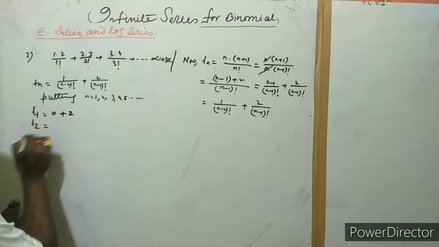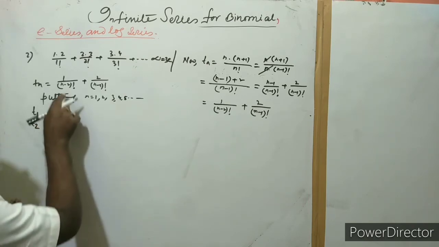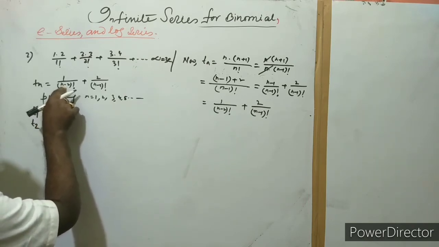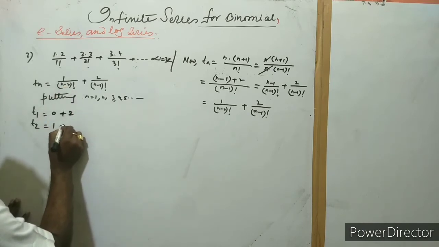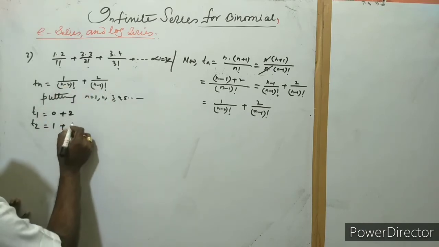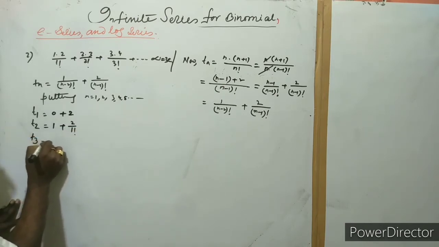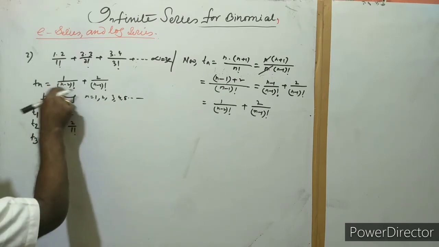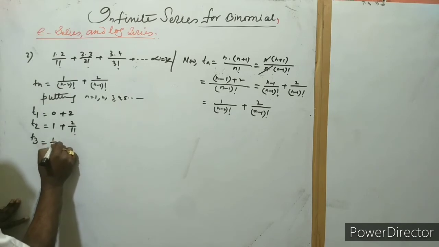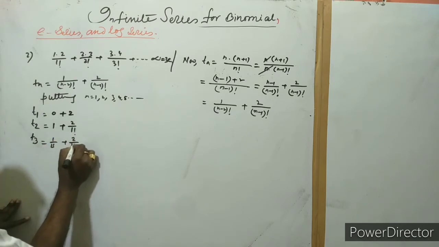Now put 2 in place of n. Then 2 minus 2 is 0, so we get 1, and 2 minus 1 is factorial 1. Again for T3, putting 3, 3 minus 2 is factorial 1, so 1 by factorial 1, and 2 by factorial 2.